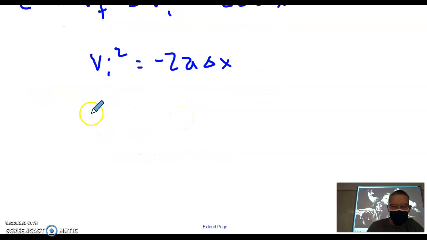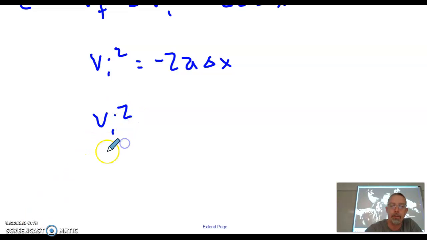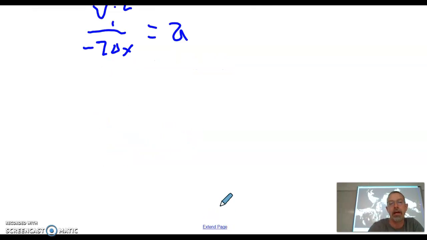So vi squared over negative 2 delta x equals my acceleration. That's the equation. If you can get it to that point, guys, we are all gravy.